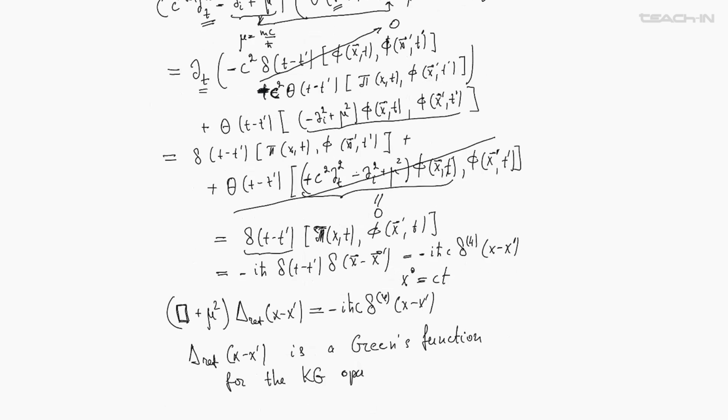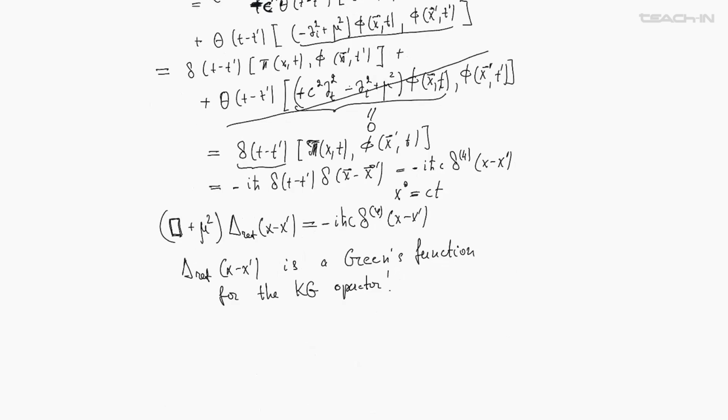Well, first of all, maybe you have to answer the question why it's called retarded. It's called retarded because, according to its definition, due to the presence of the theta function, this Green's function has a distinguished property: delta ret x minus x prime vanishes for t less than t prime. And a Green's function with such a property is called retarded.